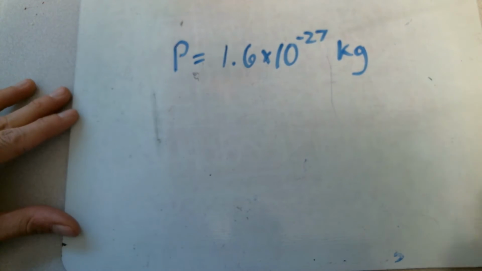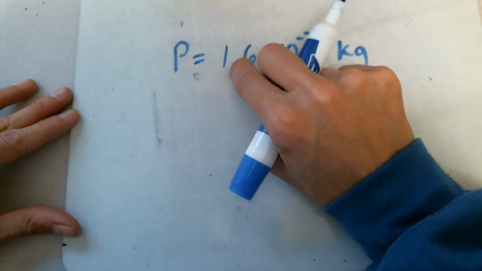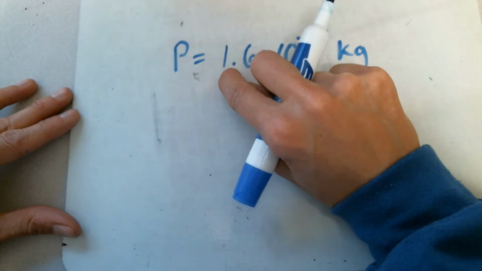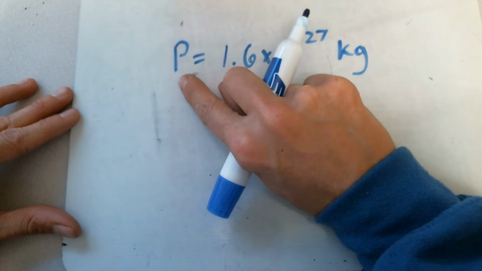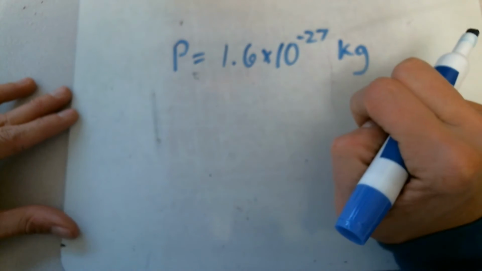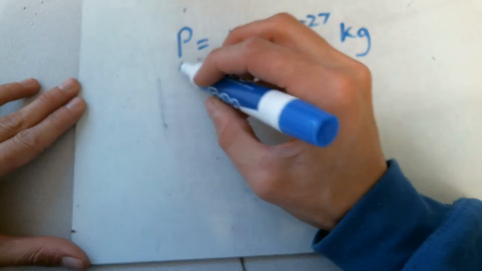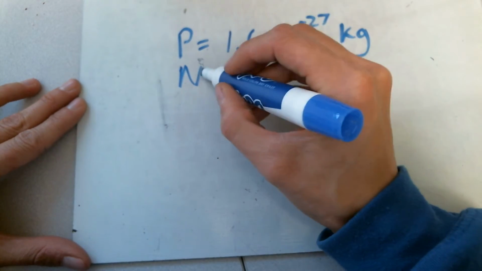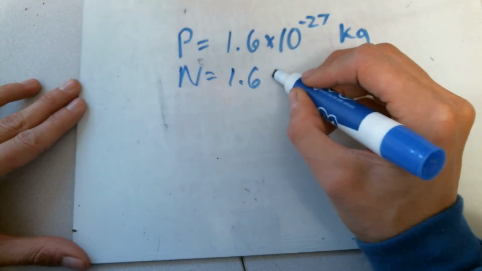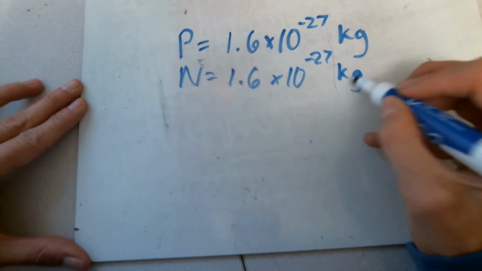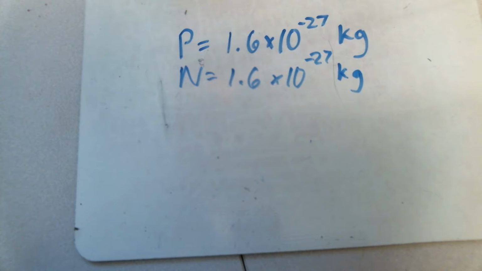That's a really small number, right? Each of these means we move the decimal point one space to the left. So imagine moving the decimal point 27 spaces to the left and adding zeros, that's a really small number. The mass of a neutron is similarly quite small, so small that we really can't see the difference in the masses.